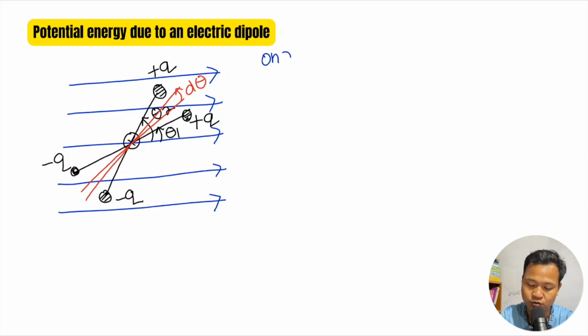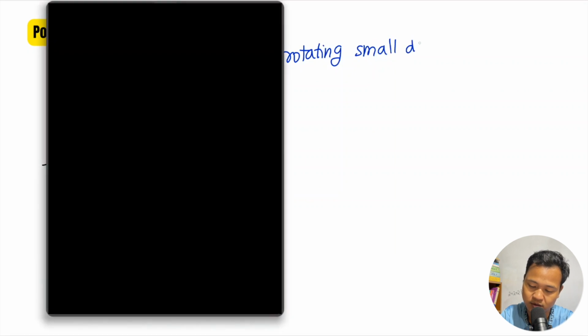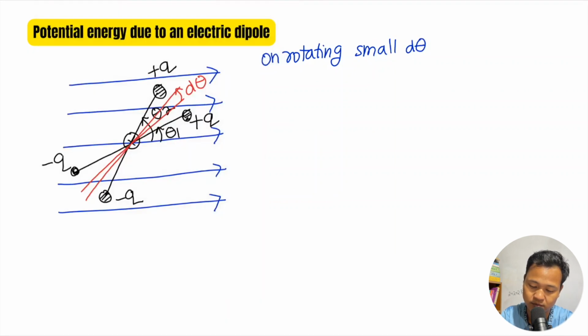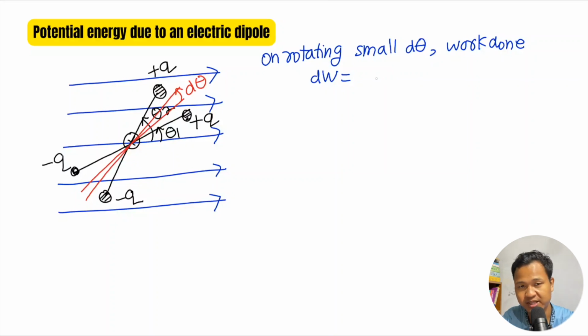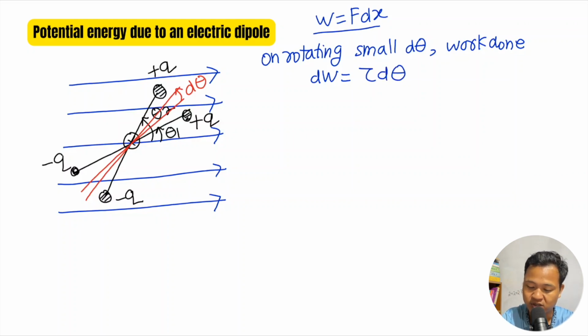So on rotating by a small d theta, the work done dW should be force into displacement. In terms of torque, it will be tau into d theta.